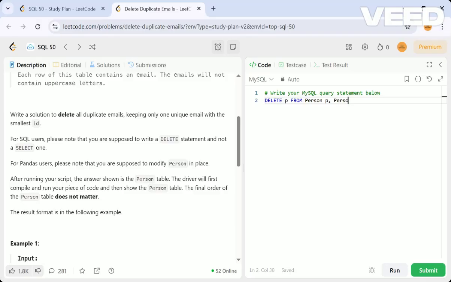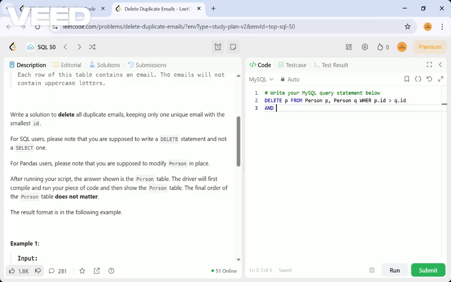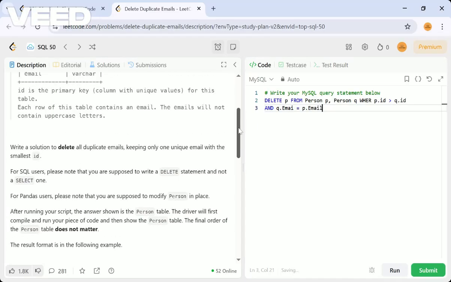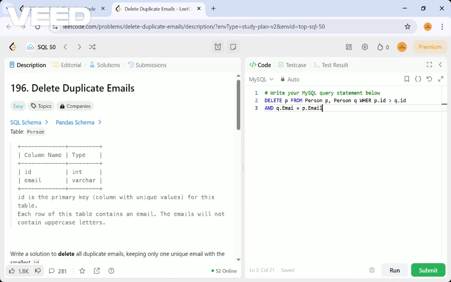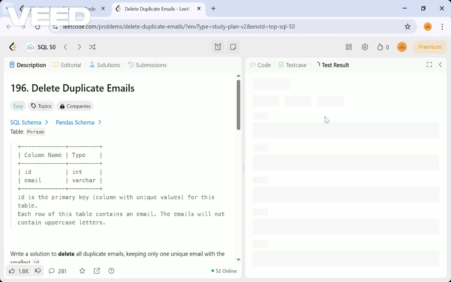I'm taking the Person table again as q, where q.id is smaller than p.id, right? And one more condition: the email should be the same. If it is the same email, then everything with an id greater than the smallest id will get deleted. It's this simple. I'm just running this.